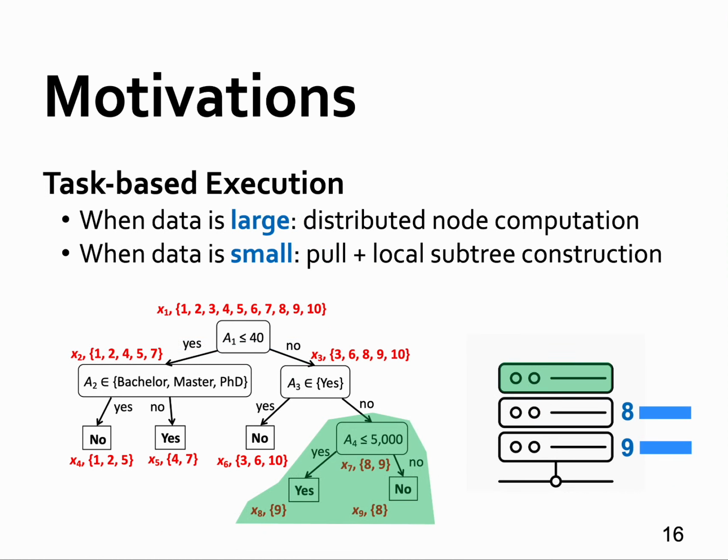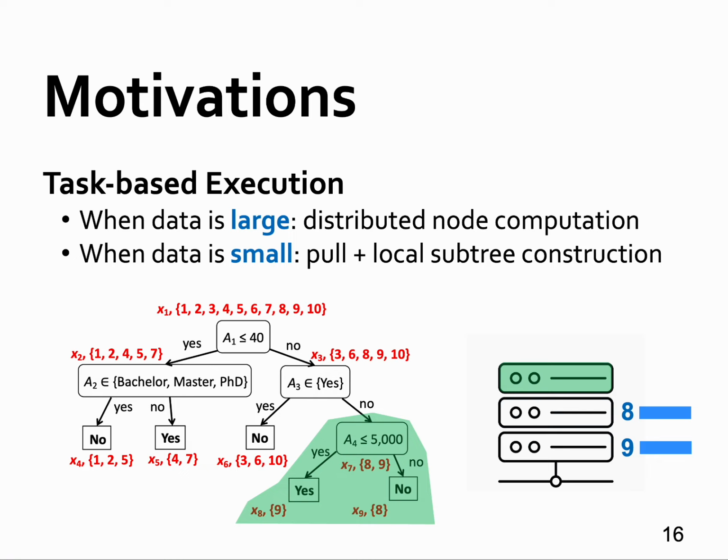Besides column-based partitioning, the other desirable feature of TreeServer is that it uses a task-based execution model to keep CPU cores effectively utilized. Specifically, when the number of rows falling into a node is small enough, it is more efficient to let a machine pull all those rows to its local memory and construct the entire subtree without communication.